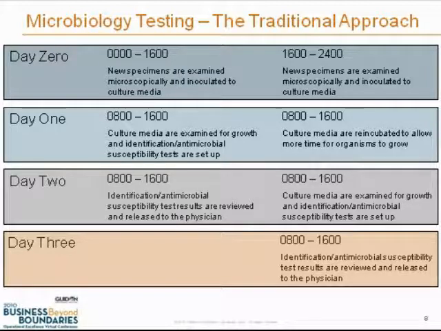And on day 2, if we look at the 0800 to 1600 day shift, the individual in the laboratory would then be looking at the results of the testing that was set up on day 1 and releasing those results to the patient's medical record.